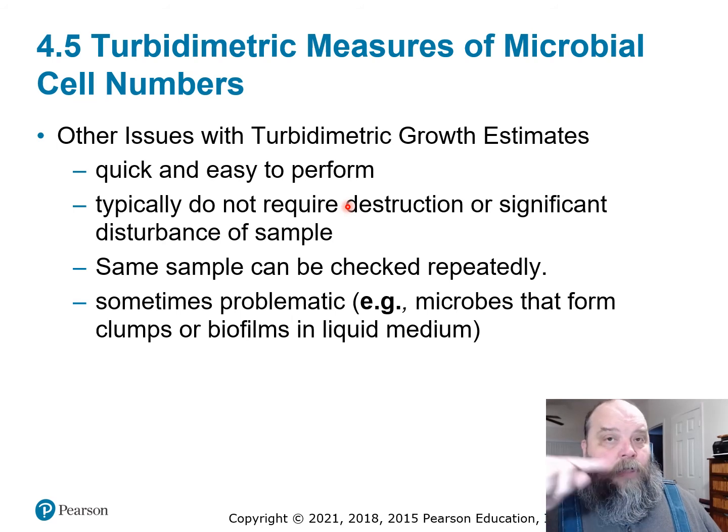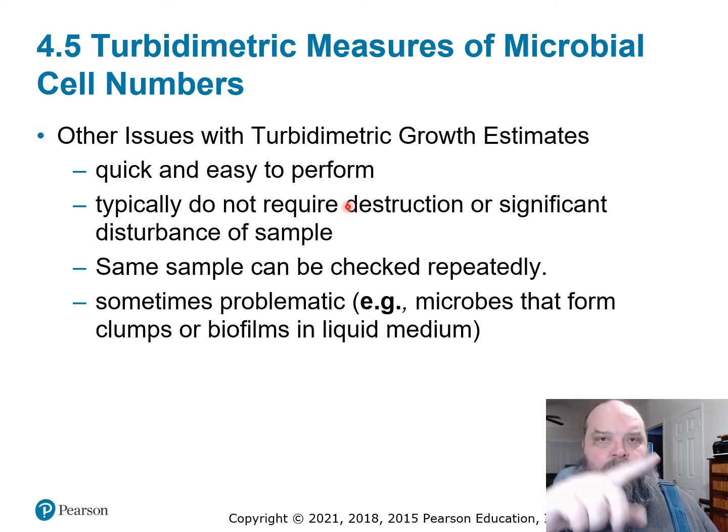Once you've gone through all the work of making the dilutions, measuring each dilution for its optical density, and then plating and coming back the next day and counting per dilution, here's the number of CFUs, here's the total number, and so on. That's a lot of work doing it the first time.